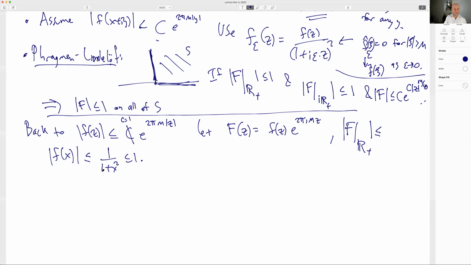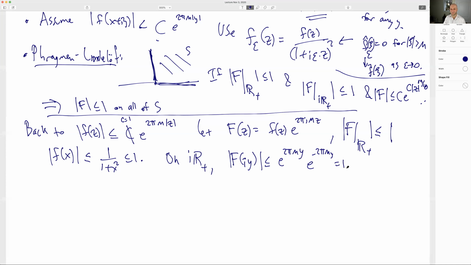Okay, so on the positive reals, this has absolute value at most 1 because it's e to the 2 pi i times something real. This thing is bounded by 1, so the whole thing is bounded by 1. On the imaginary axis, F of iy is bounded by, well, this thing is always bounded by e to the 2 pi m |z|, but z is iy, and this thing is exactly equal to e to the minus 2 pi m y.